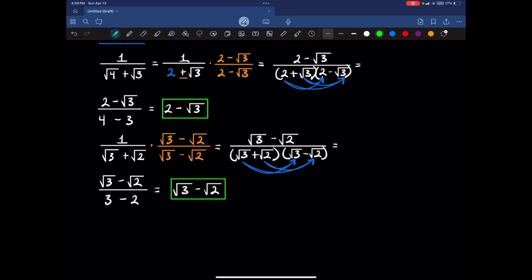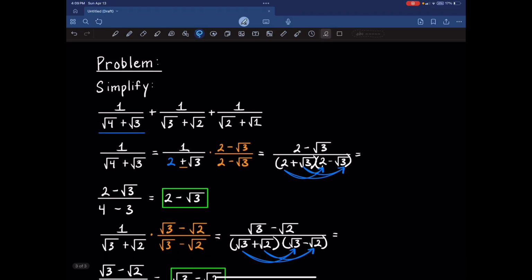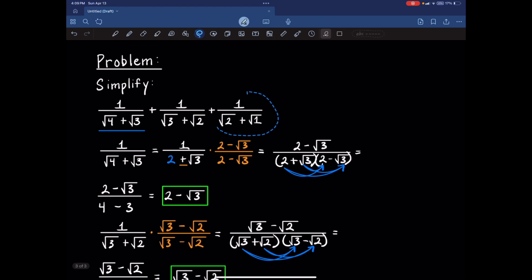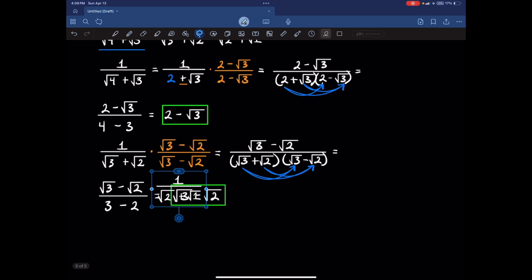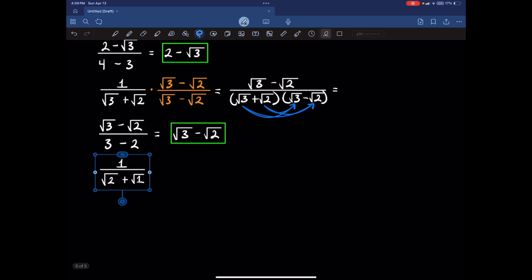So now all that's left is to simplify the last term. So let's go ahead and grab it. 1 divided by square root 2 plus square root 1, and let's bring it down here like this. And we notice that we can do like what we did with the first term, and we can reduce this a little bit. I mean, it's not going to help us all that much, but might as well, right?